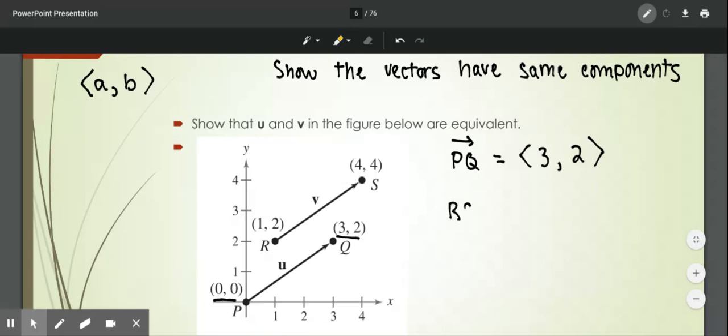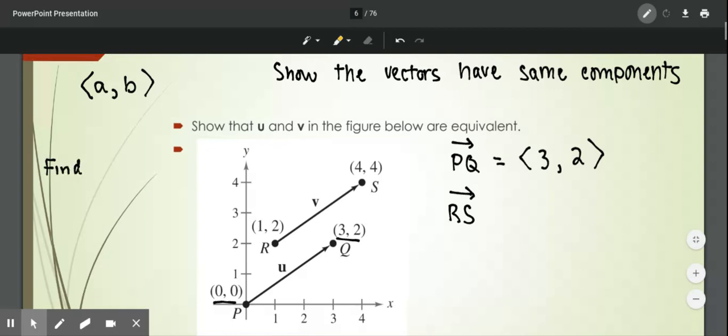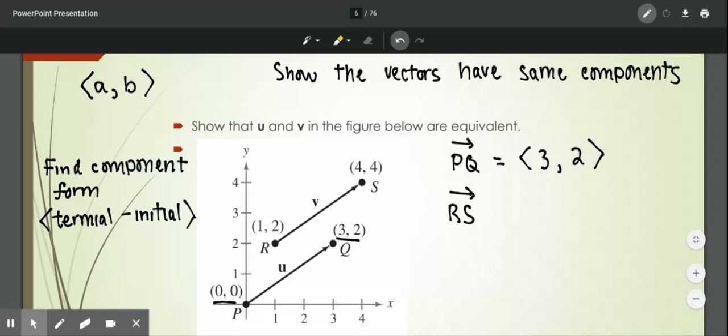For vector RS, to find component form, you need to do your terminal point minus initial, terminal with an L, not N. What we're doing is shifting the vector RS down to that same starting place at P. So if we do terminal minus initial, you do your terminal x minus your initial x, so 4 minus 1.